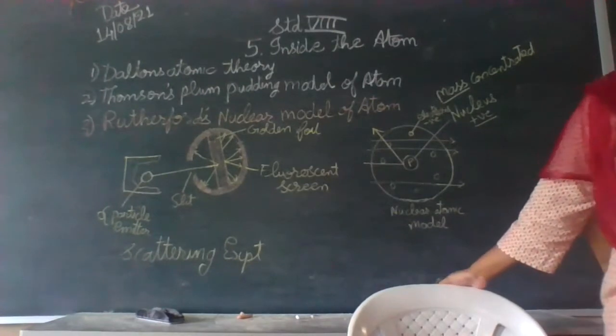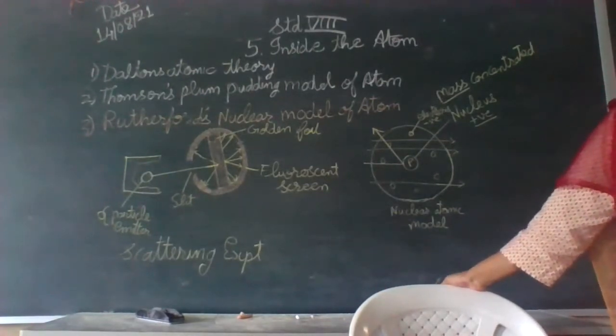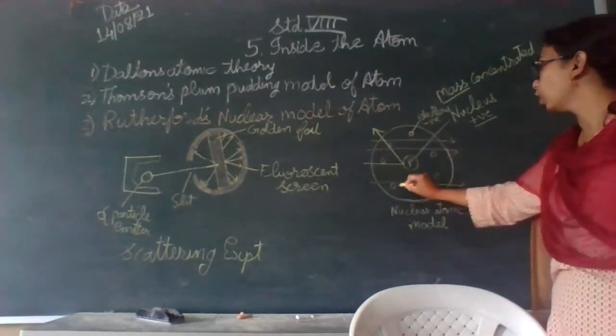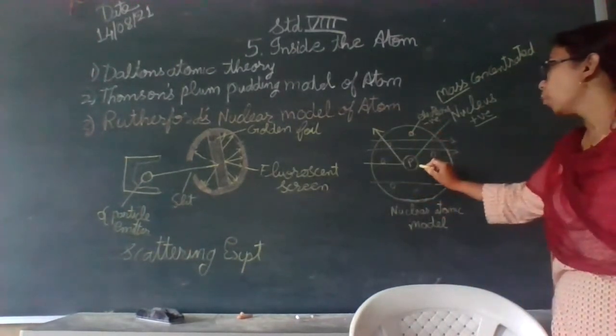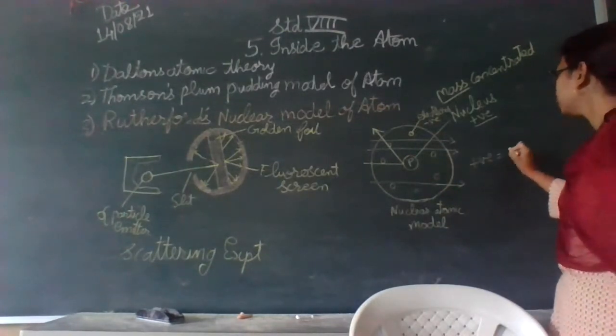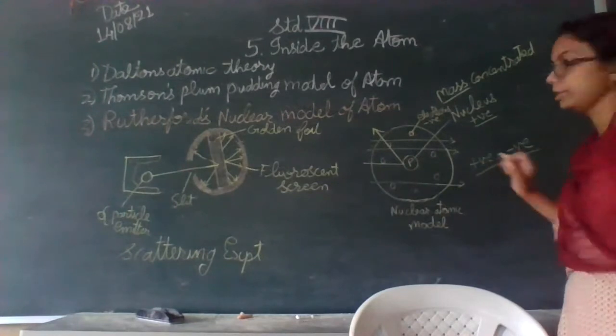The total negative charge on all the electrons is equal to the positive charge inside the nucleus.